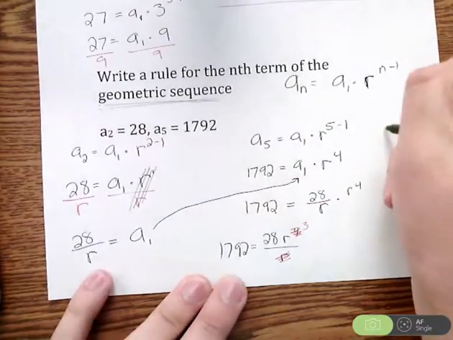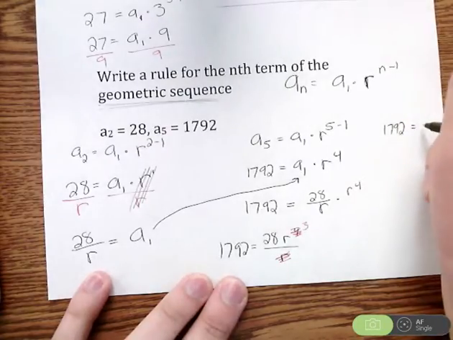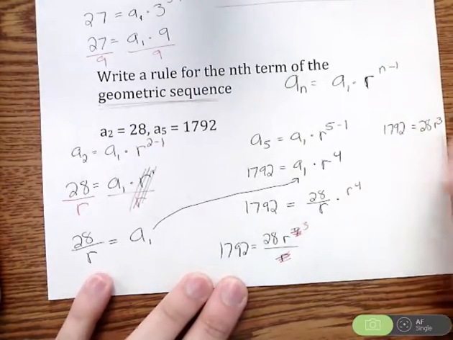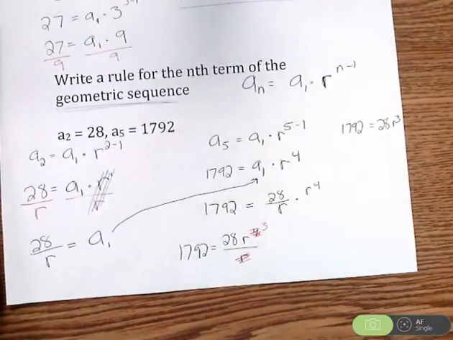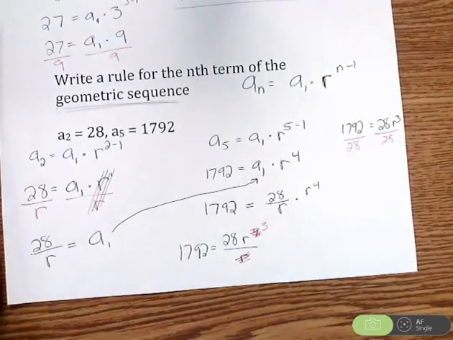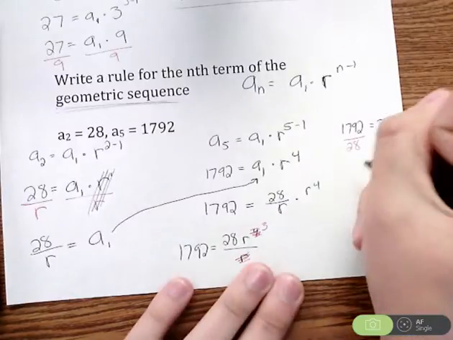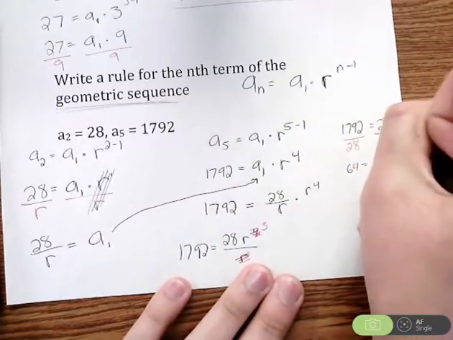Now I'm running out of room. 1792 equals 28R to the third. Well, if you divide both of those by 28, we have 64 equals R to the third.